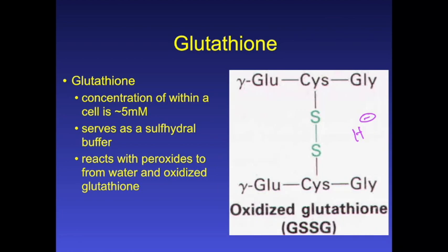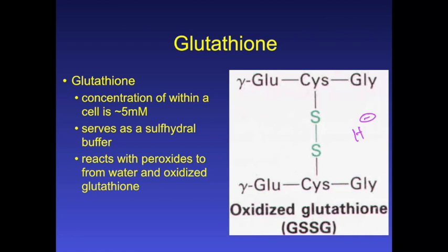Now, what's kind of unusual about this is the concentration of glutathione in the cell is about 5 millimolar. And in terms of concentrations inside the cell, that's a really high concentration. Most things are much lower in concentration in the cell.